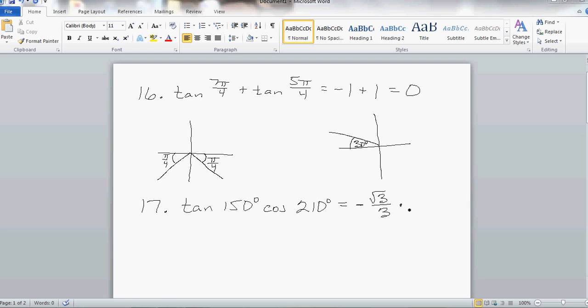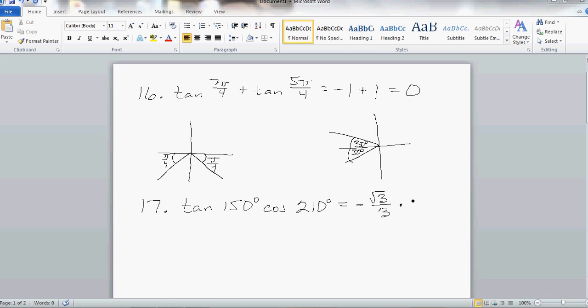Times the cosine of 210 degrees. Well, 210 degrees would start here, go around there, there's 180, and then we have to go an additional 30 degrees. So the reference angle is 30 degrees. All students take. The only things that are positive here are tangent and cotangent.